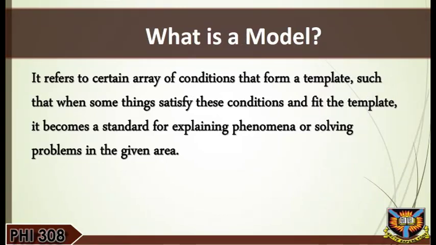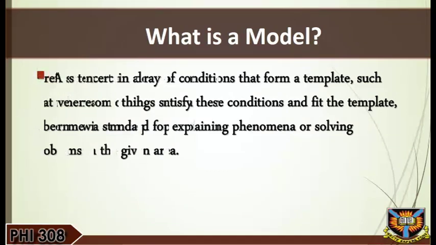What is a model? A model refers to a certain array of conditions that form a template such that when some things satisfy these conditions and fit the template, it becomes a standard for explaining phenomena or solving problems in a given area. In earlier literature, a theory can be called a model of another theory, and can contain an interpretation of it, insofar as the sets of objects which they study are models of the same axiom system, when taken in the way in which they are studied.